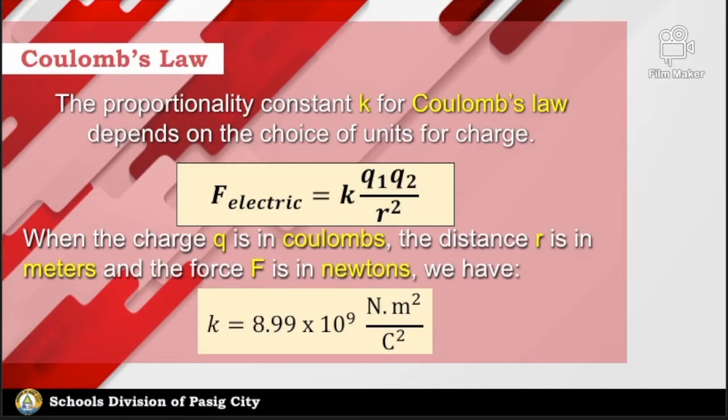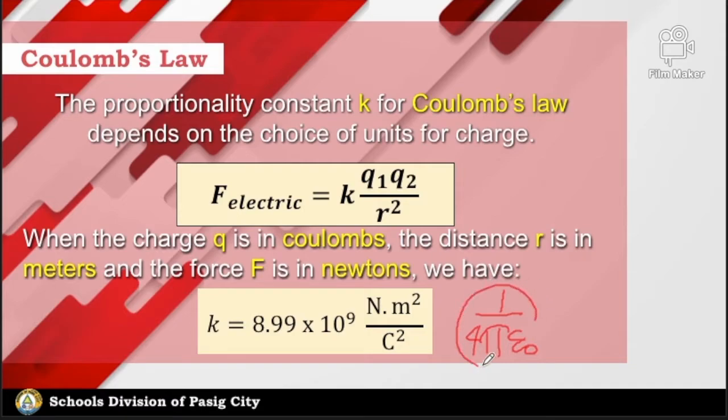You can also get the exact value of K by solving this equation. K is actually equal to 1 over 4 pi epsilon sub 0, or the permittivity of free space.